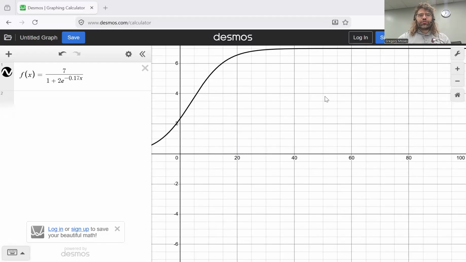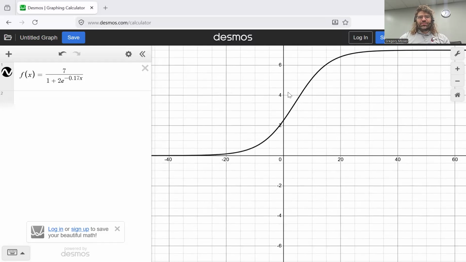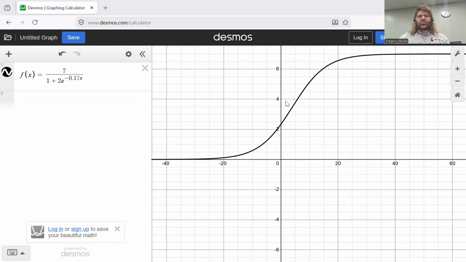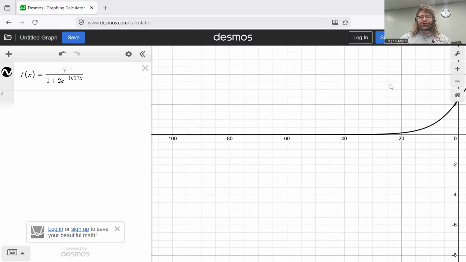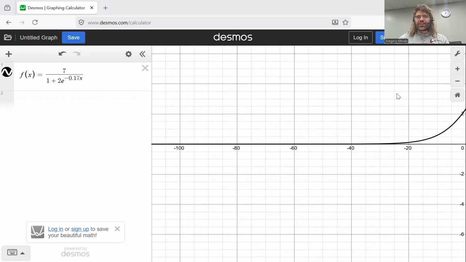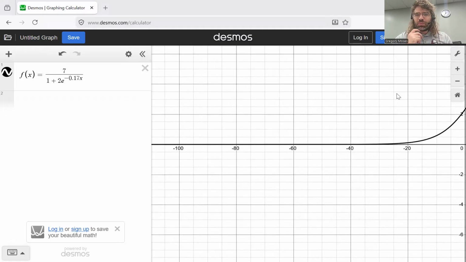Here's the graph of one on Desmos, obviously much prettier than my scrawled, hand-drawn things. So it's S-shaped. You see, I was going to cover the screen up with my hand. Probably not very helpful.